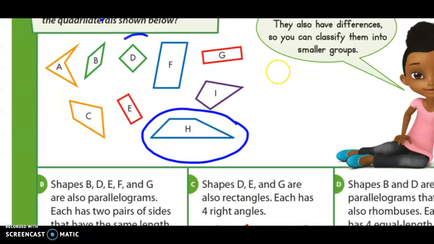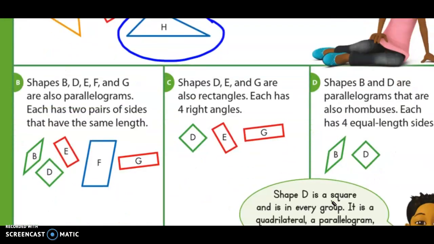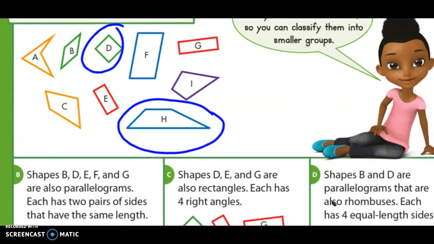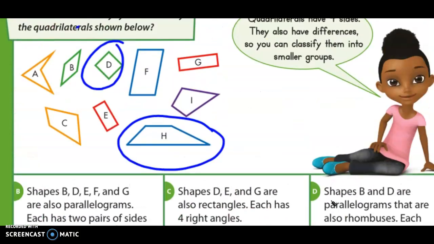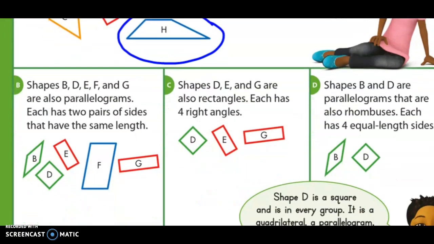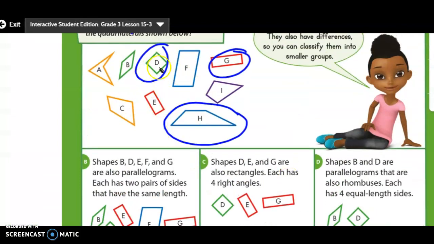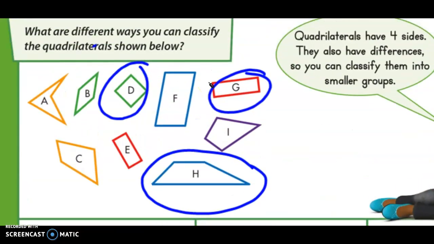This guy's a rhombus, has one set of parallel sides, and that looks like it for rhombuses. Technically, you could classify this guy as a rhombus, but it is more than likely just going to be those two. And you notice that shape D here was in every single one of those groups we just created.